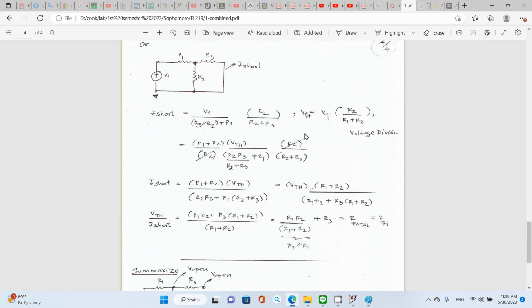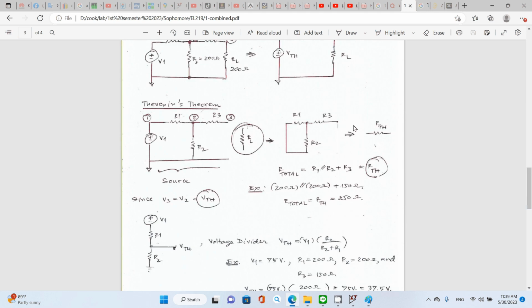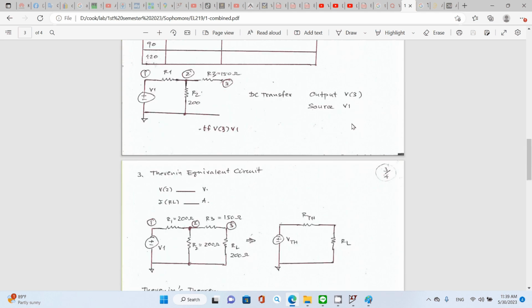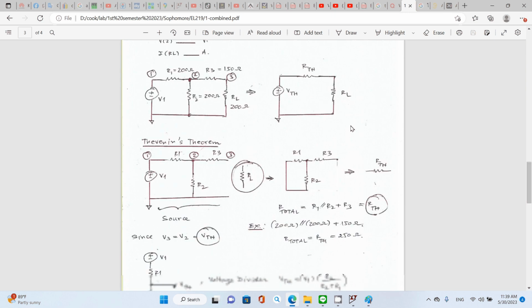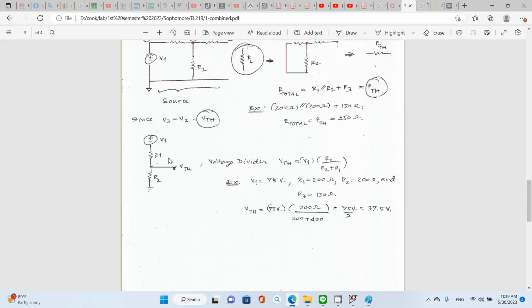And then you want to write V1 in terms of VTH. That's what we're looking for. VTH is the voltage divider: V1 multiplied by R2 divided by R1 plus R2. Let's get back to the previous step for VTH. Yep, this one, your VTH.